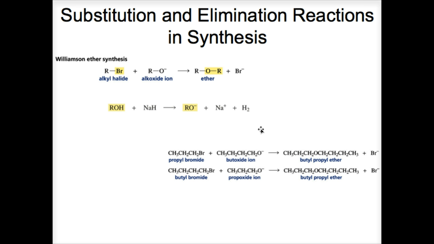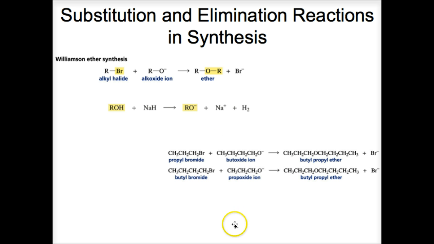So the next thing we need to look at is the Williamson ether synthesis is a nucleophilic substitution reaction. It's an SN2 because it requires high concentration of a good nucleophile. This slide shows two ways to synthesize butyl propyl ether, depending upon the starting material.